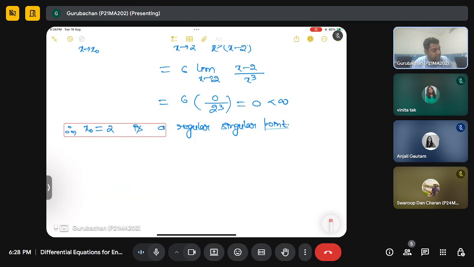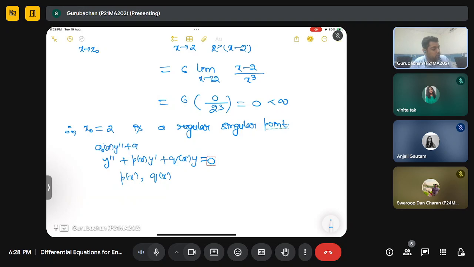So to judge when this p(x) or q(x) from equation number 2, let me write that equation, y double dash plus p(x) y dash plus q(x) y equal to 0, and the general form was a0(x) y double dash plus a1(x) y dash plus a2(x) y equal to 0. So we transform this equation into this form, and we want to write this p(x) and q(x) in some power series form.